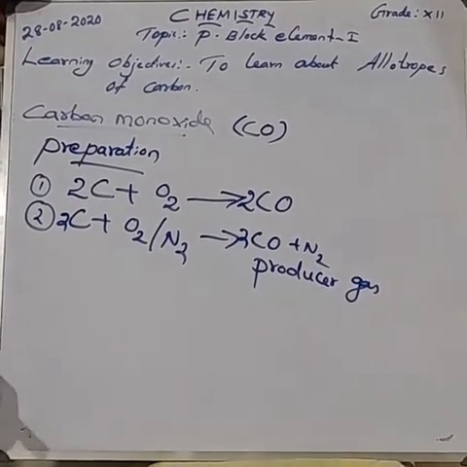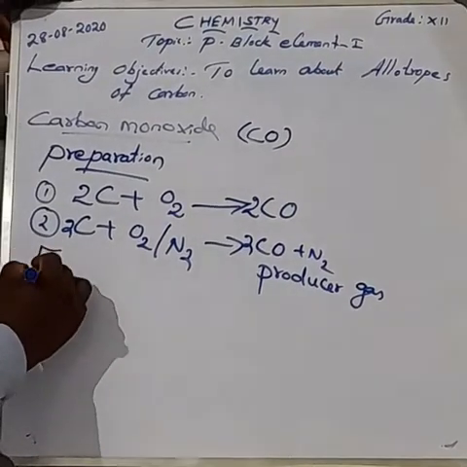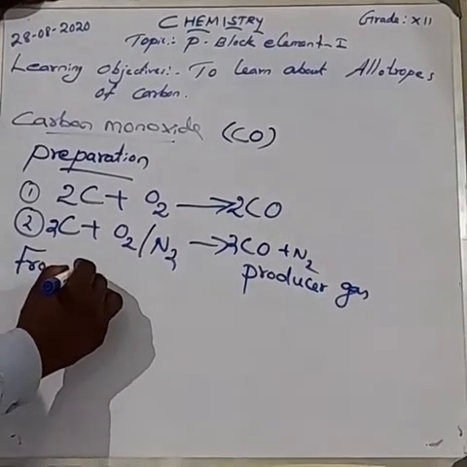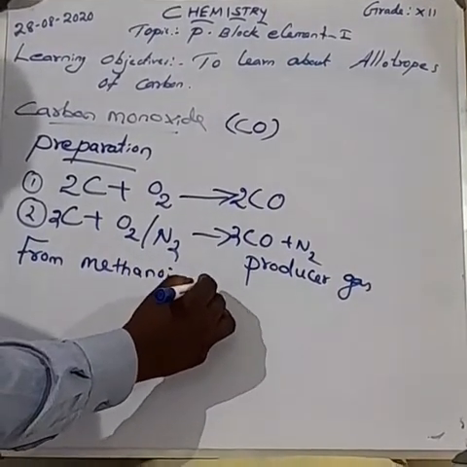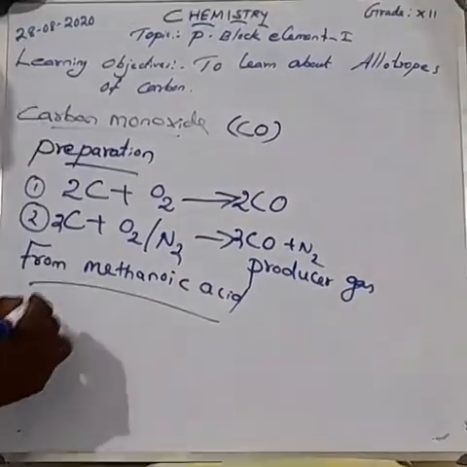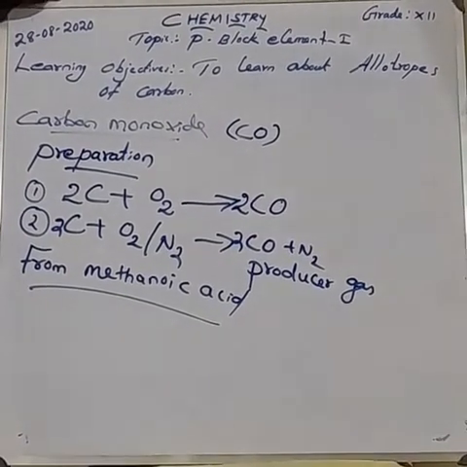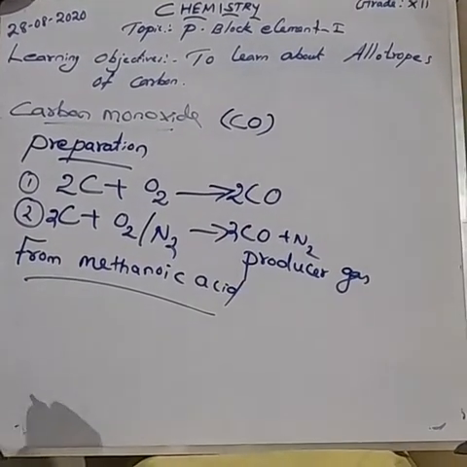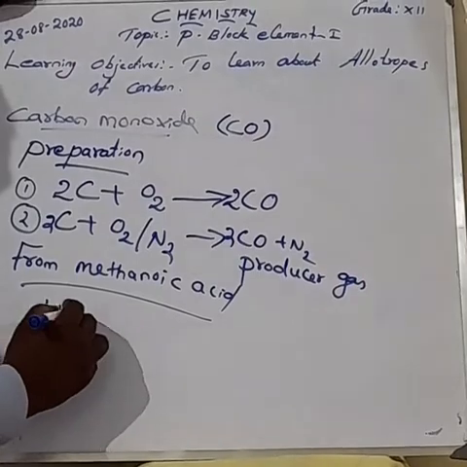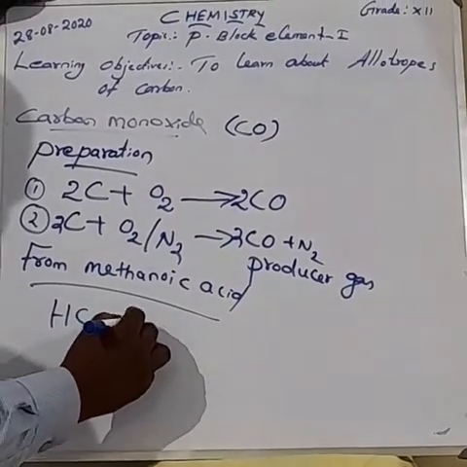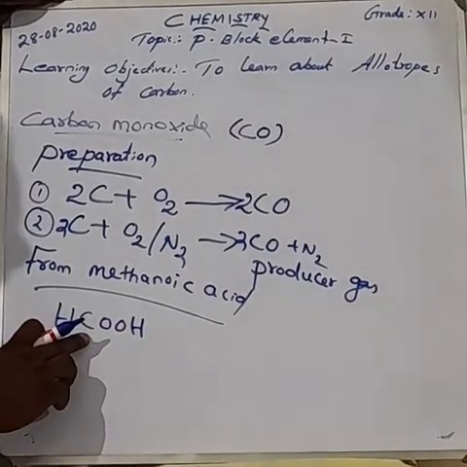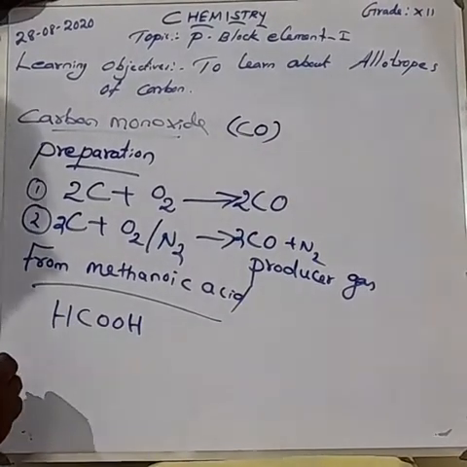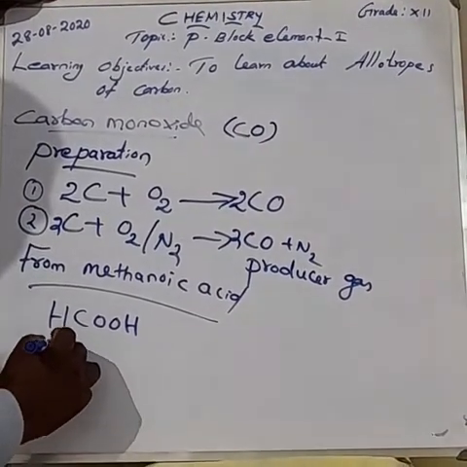Next one, from methanoic acid. How will you prepare carbon monoxide from methanoic acid? What is the formula for methanoic acid? HCOOH. How does the name become methanoic acid? One carbon means the root word is meth.